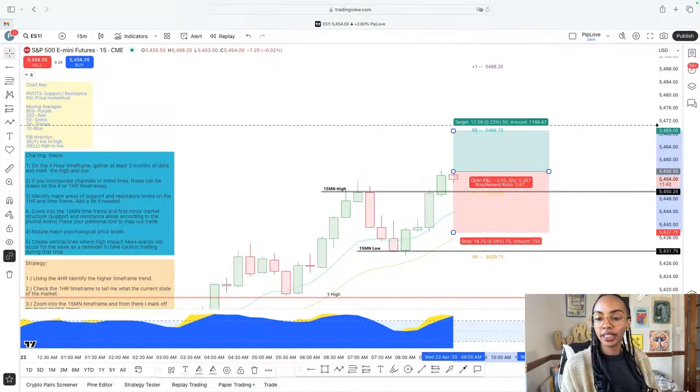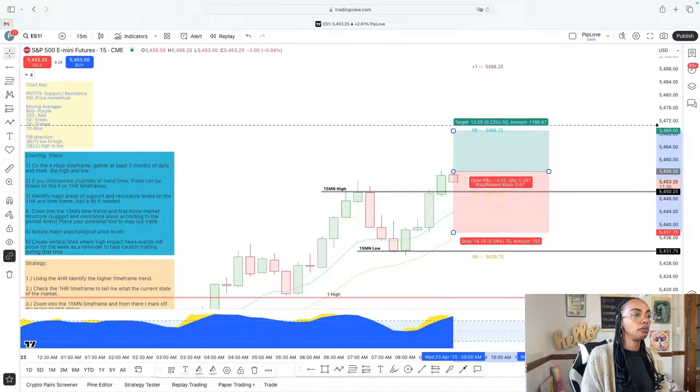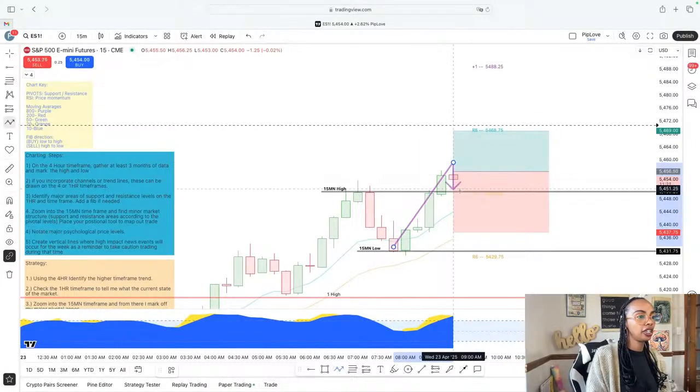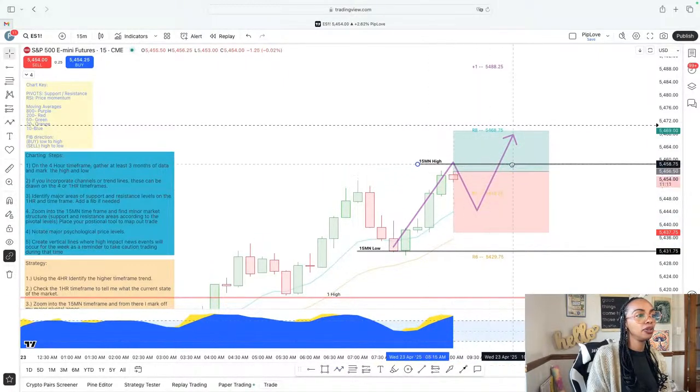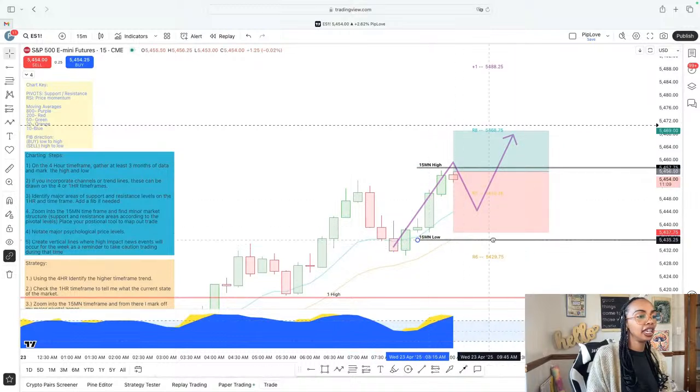Ty says, so if the next set of candles continue up, then you move up your 15-minute high. Yep, you would now have a new high and a new low. Once this market comes back down here, so let's just say price comes up here, touches this 10 EMA, and now when it makes this new higher high, that's when we can move our highs and our lows.